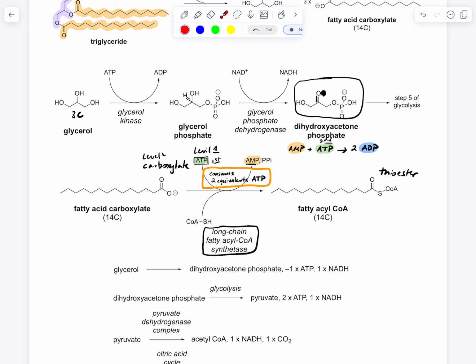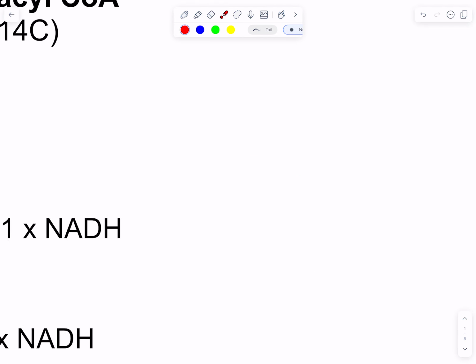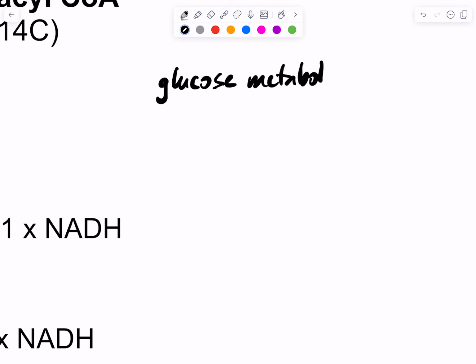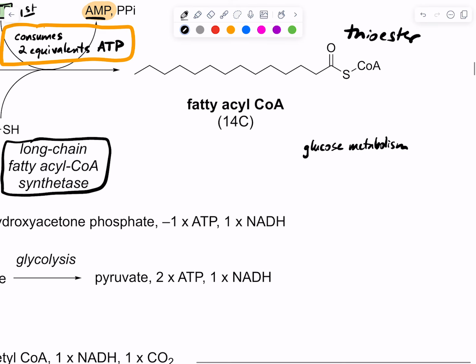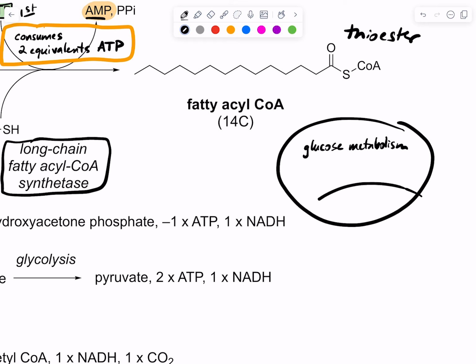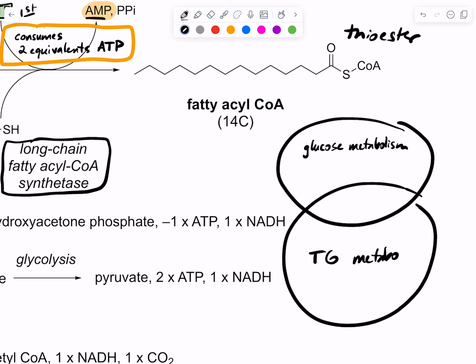So I guess what I would say is they're overlapping. It's like a Venn diagram that overlaps, but not completely. So if you think about glucose metabolism and triglyceride metabolism, there's a few spots of overlap.